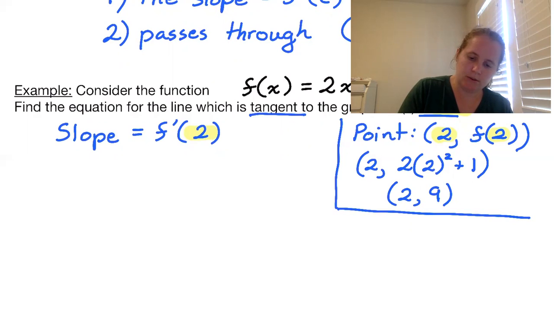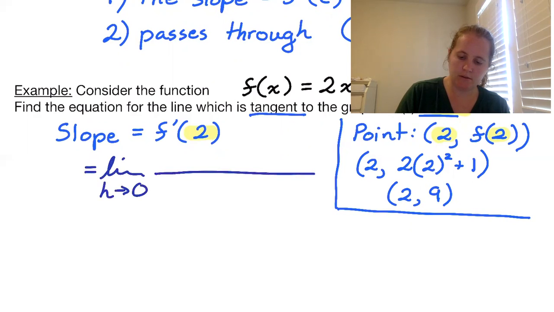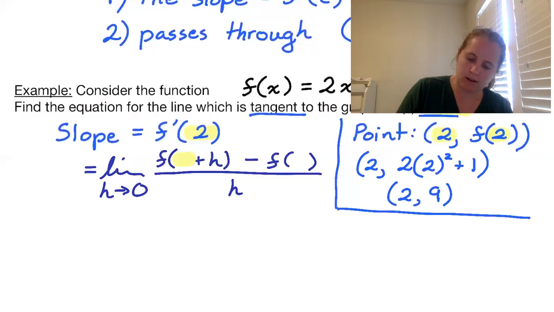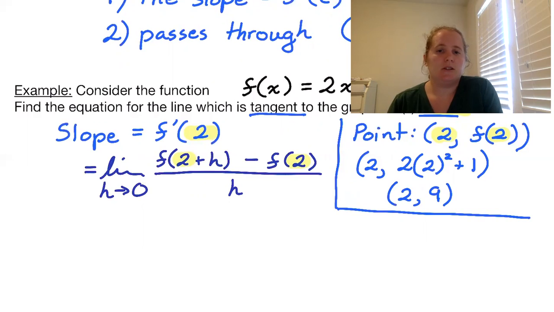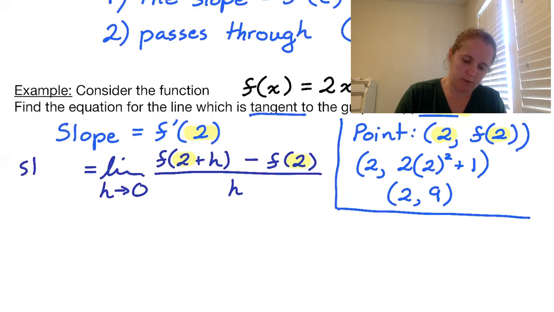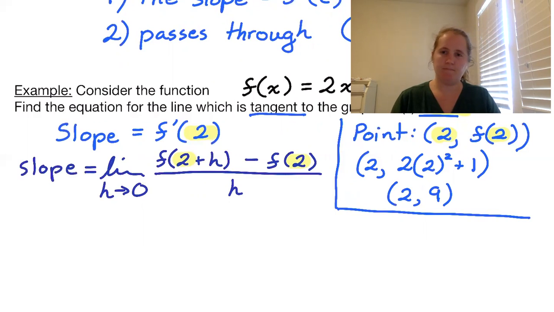So we know that we are looking for the limit as h goes to 0 of f of something plus h minus f of something all over h. Again, we're looking for f prime of 2, so we fill in those blanks with 2. So we are looking for the limit as h goes to 0 of f of 2 plus h minus f of 2 all over h. And this will find the slope for us.